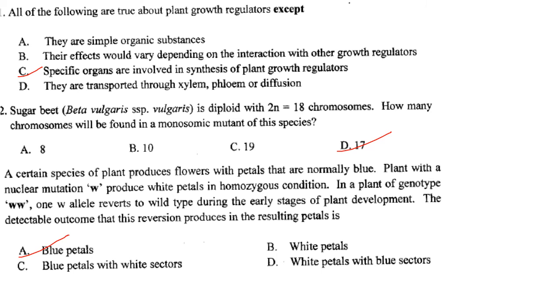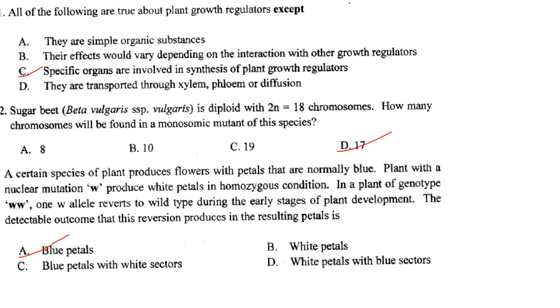So if a mutation takes place, it is producing white petals. So small w will give rise to white petals in homozygous condition. So in a plant of genotype small w, that is homozygous condition, that is white. Okay, white flowered plant, 1 W allele reverts to wild type during early stages of plant development.